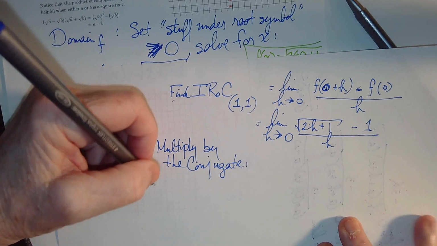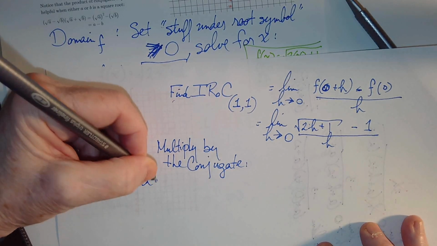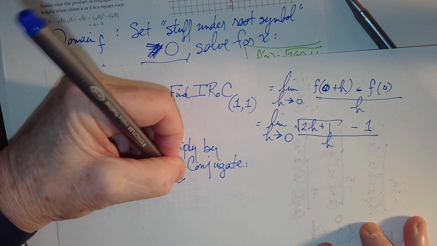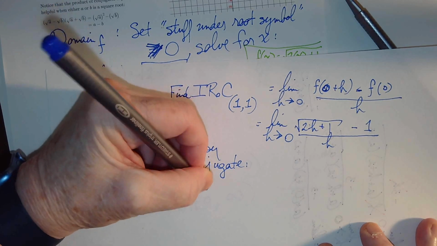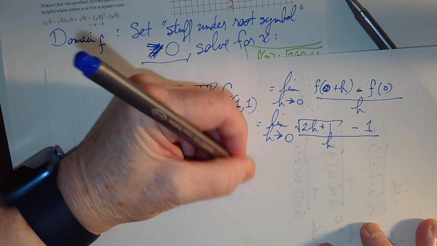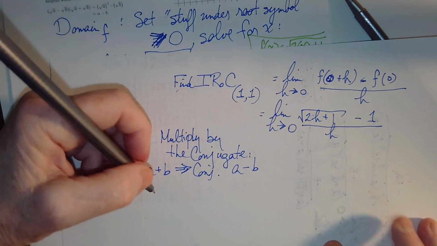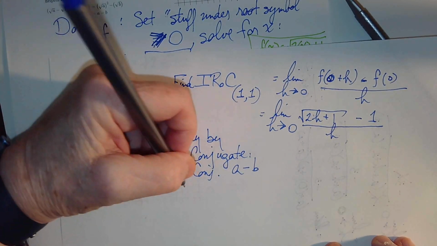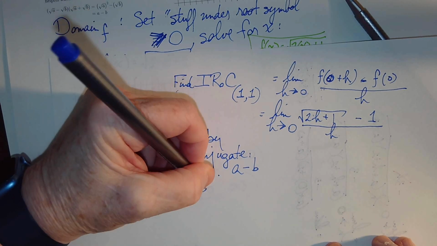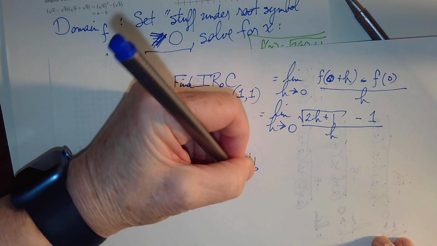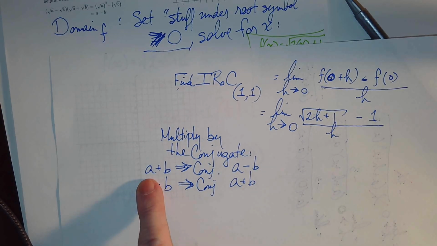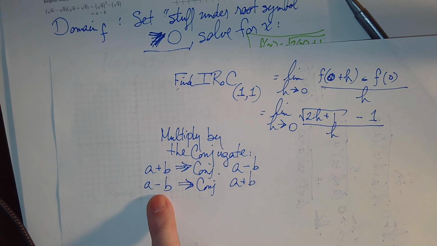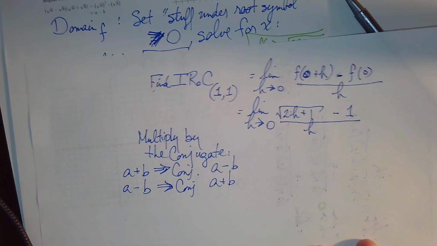And remember, the conjugate, if we have A plus B, the conjugate is A minus B. And if we had A minus B, the conjugate would be A plus B. So it's the same first term, the same second term, but the different sign in the middle.